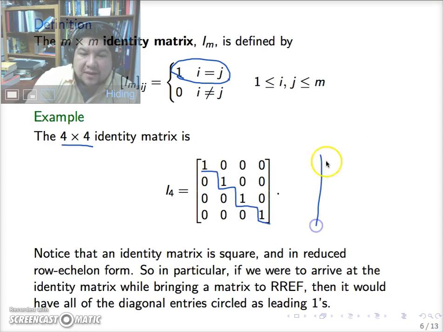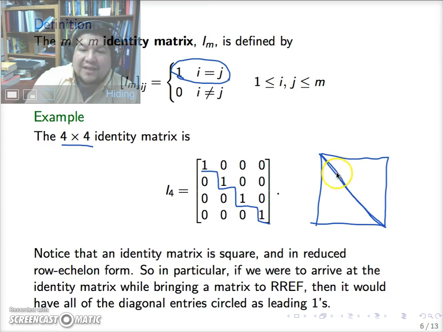You may want to think of this as being a square, with an equal number of rows and columns, and then the entries that appear on this region of the square are the so-called diagonal entries. For those entries, here you have, say, row i, and here you have column j, but it happens that the diagonal is such that j equals i.